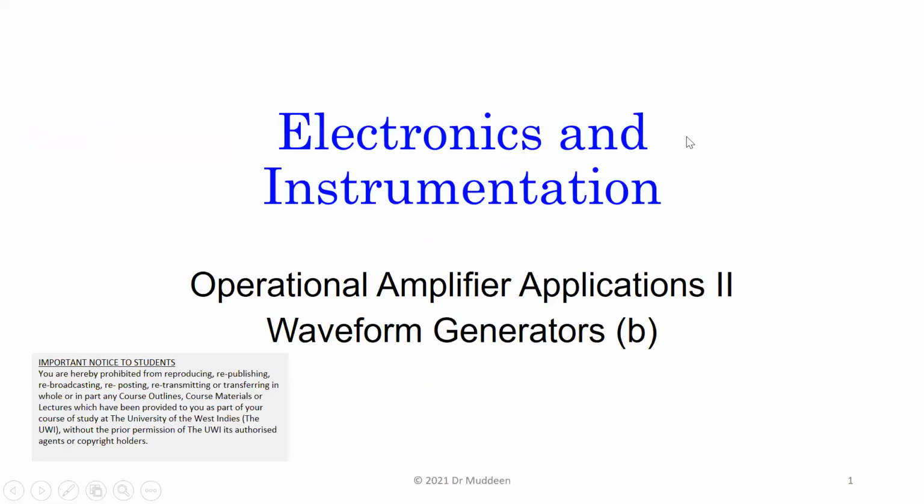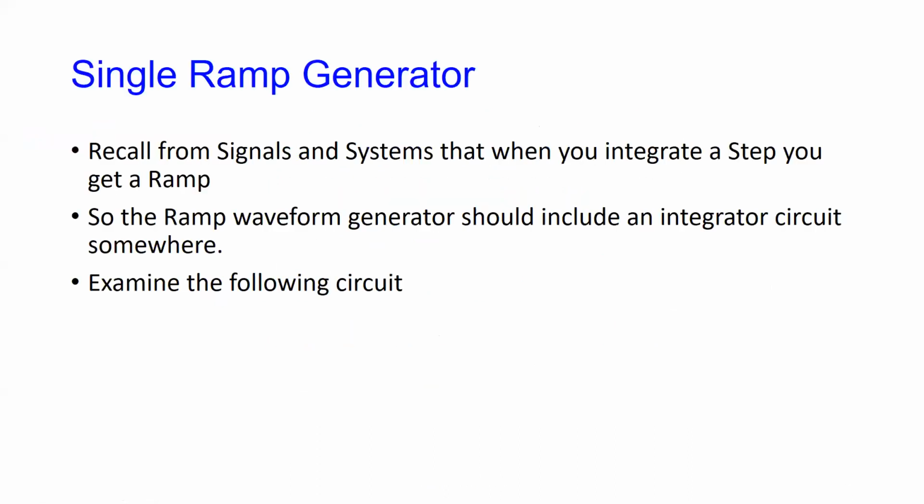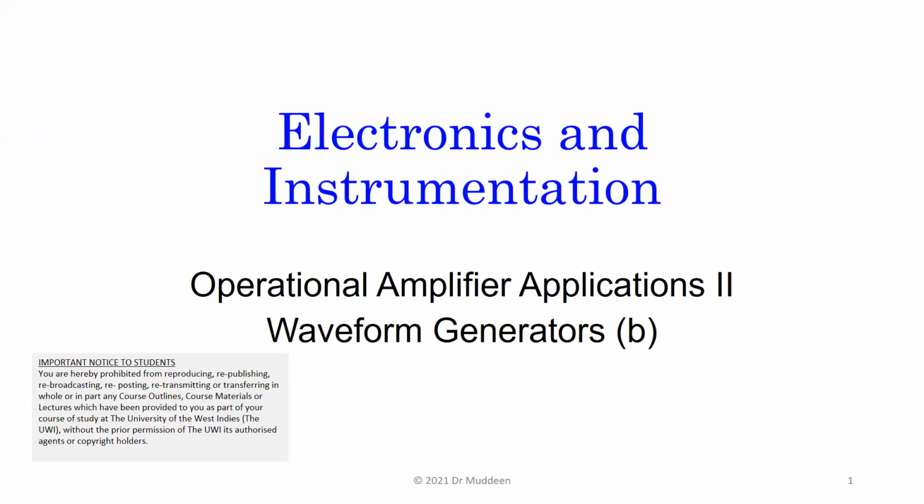Right. So among the hundreds of applications of op-amps is the ability to set up the op-amp to generate waveforms. And we saw part of the waveforms that we looked at already. We could do square waves. Remember the op-amp is a bipolar device.